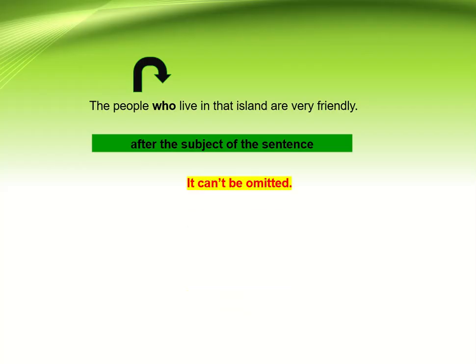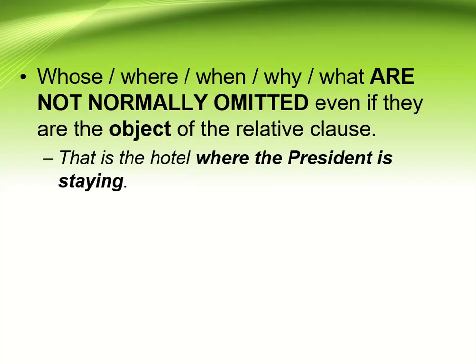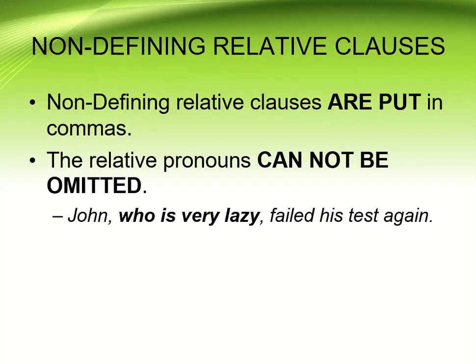It can't be omitted. If I put it after the subject of the sentence, you cannot omit which, who, or that. Whose, where, when, why, what are not normally omitted, even if they are the object of the relative clause. That is the hotel where the president is staying. I am not going to omit that.